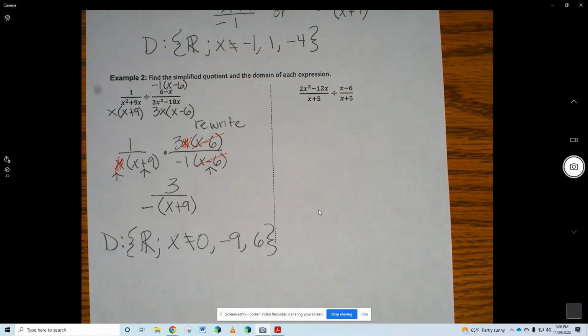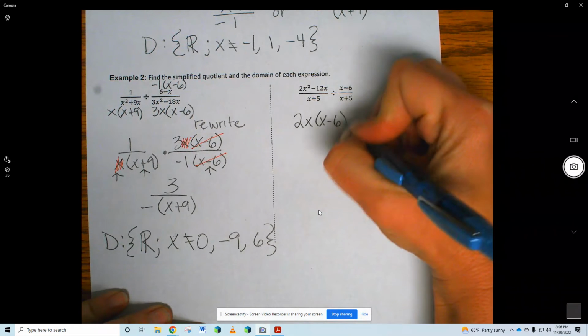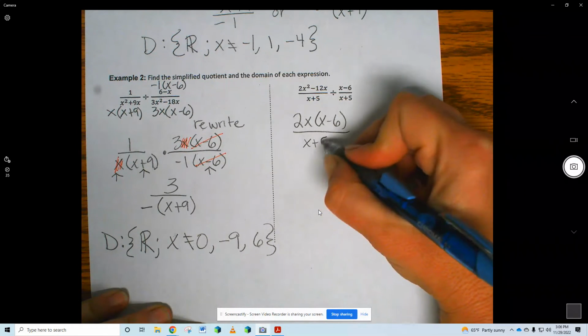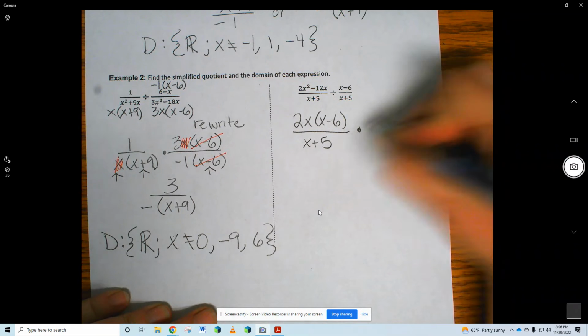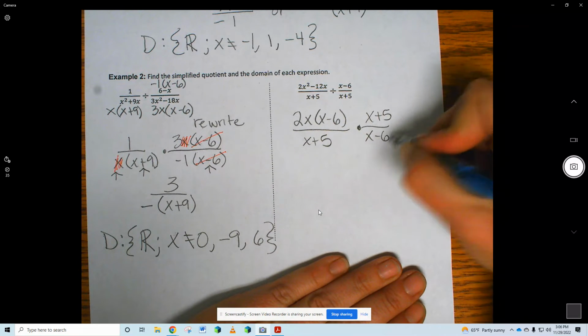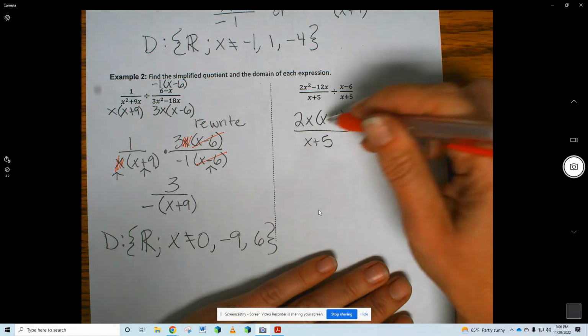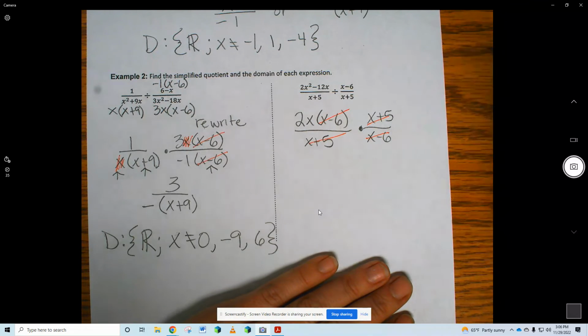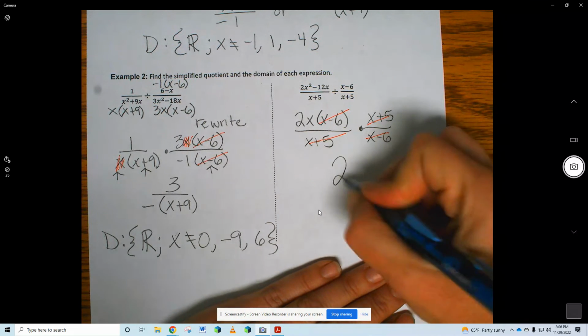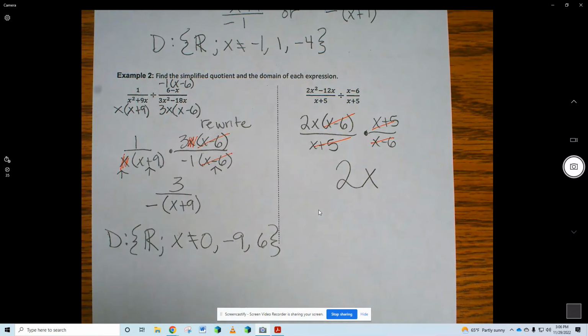Sorry, it's all dead air on my video. So you GCF the numerator. Can't do anything with x plus 5. Cross out what you can. Did you get 2x? Yes. Good. That was it. If you need to look it over, here it is.